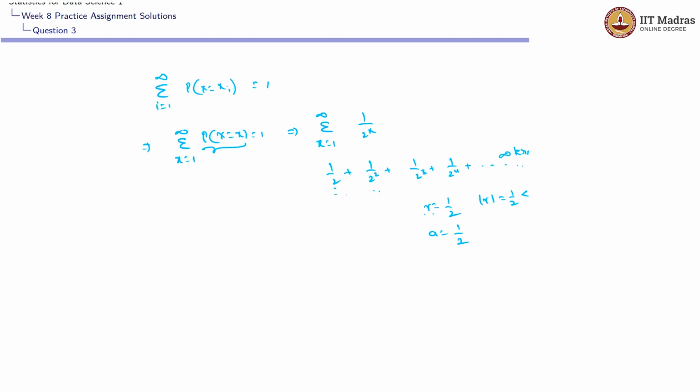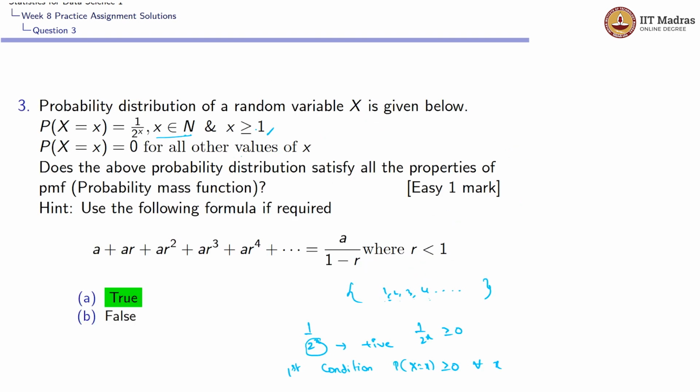We have infinite terms here, so the sum, as we know, is equal to a by 1 minus r. a is half divided by 1 minus r, where r is half, which would be 1 by 2 by 1 by 2, which is 1. So the second condition, that the sum of the probabilities of each value of the random variable is equal to 1, is also satisfied. So the given probability distribution is a PMF. So it is true.